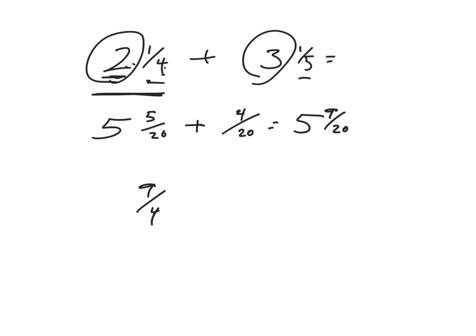Or you can just use the strategy I showed you of taking your denominator, 5 times 3, 15, plus 1 more is 16/5. Now, again, watch how tricky this gets when we times by 5 and 4 in order to get our denominators of 20.